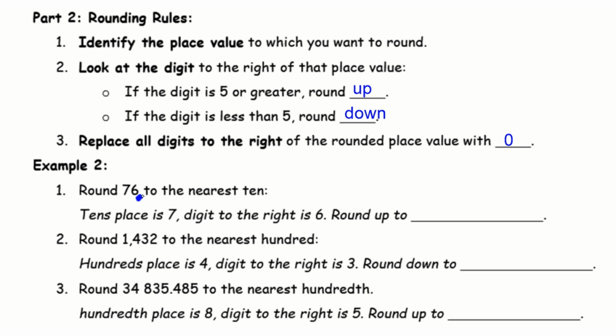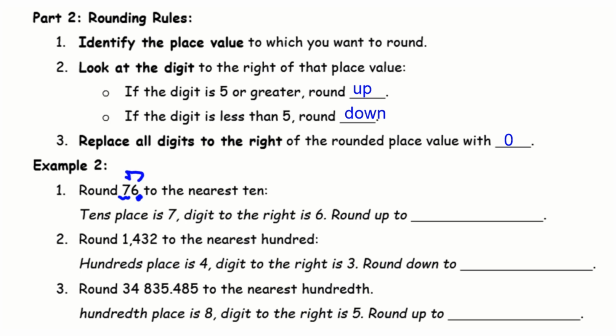So from the decimal, the first one to the left is ones, and the next one is tens. So 7 is the tens. So 7 is the number we want to keep. Then the number to the right of 7 is 6. So 6 is greater than 5, so we are going to round up.